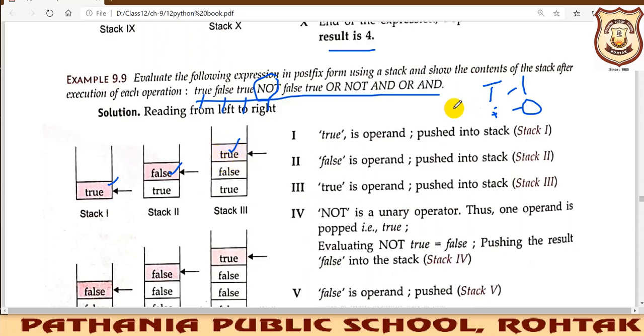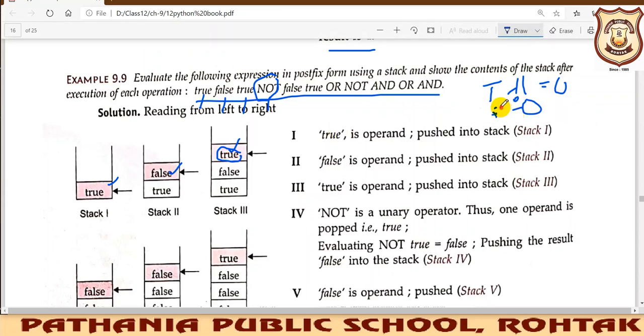True is 1 obviously, so when we apply not on true, not 1, it is 0. And 0 means false. True means 1 and false means 0.